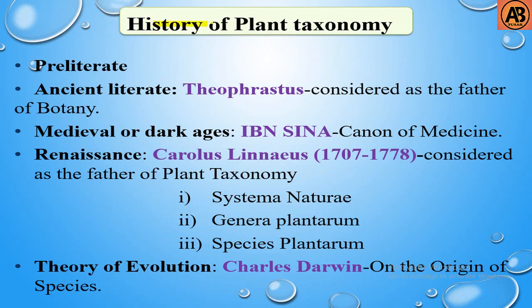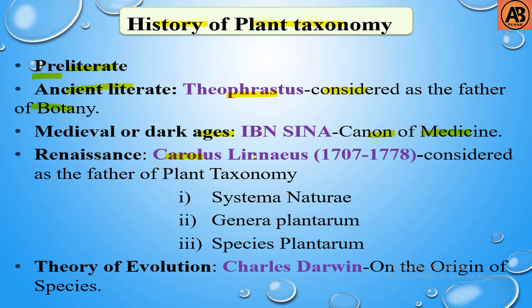Here you can see the history of plant taxonomy. Pre-literate, ancient literate. In the ancient literate period, Theophrastus is considered the father of botany. Medieval or dark ages: Ibn Sina, Canon of Medicine.